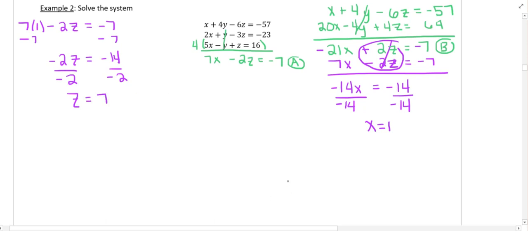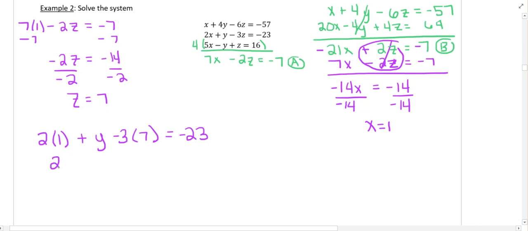And then we'll go back to any one of my original equations. Let's go ahead and look at that second equation since that's a positive y by itself. So I've got 2x, so 2 times 1 plus y minus 3z, 3 times 7 equals negative 23.